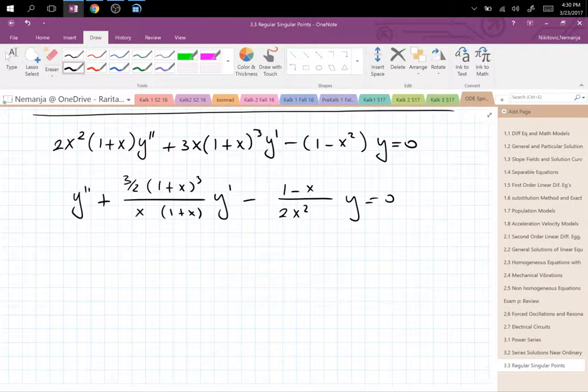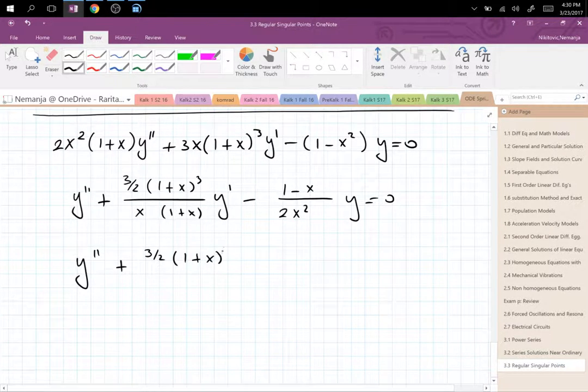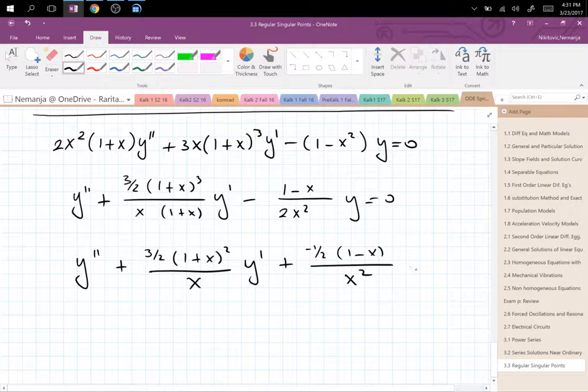Let me just write it one more time: y double prime plus 3/2 times 1 plus x squared on top, divided by x, y prime, plus -1/2 as a coefficient of 1 minus x divided by just x squared, y equal to 0.